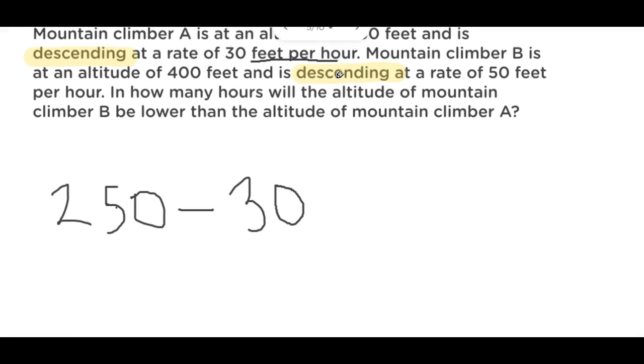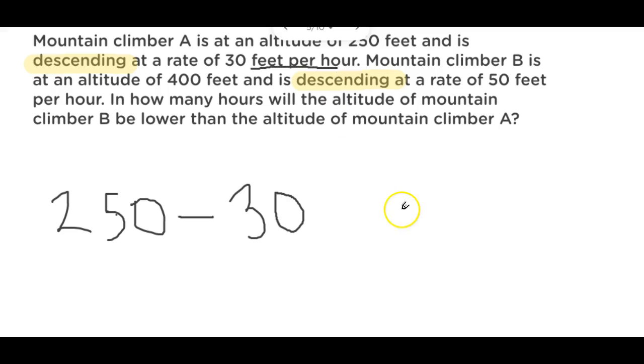And then we have mountain climber B, who is at 400 feet, and he's descending at a rate of 50 feet. Okay, and then we got per hour.